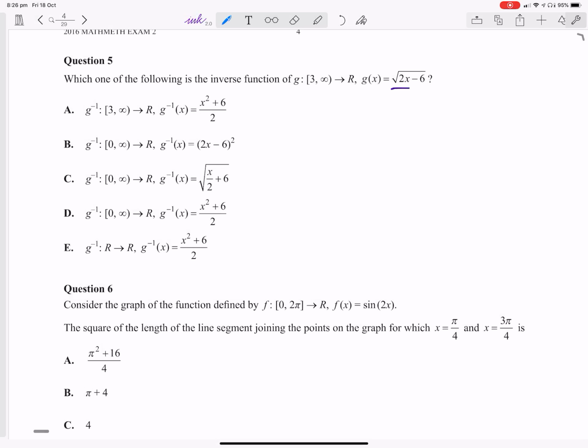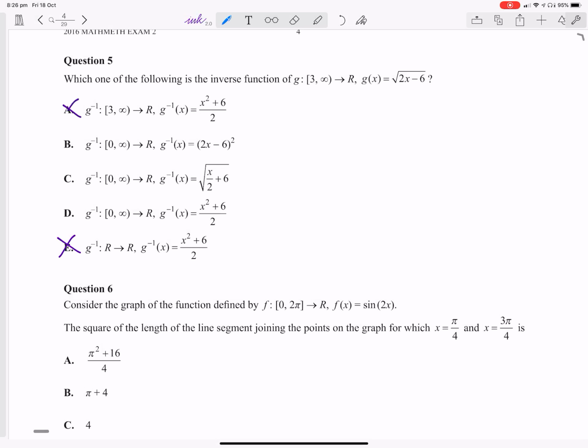Okay, which of the following is the inverse function of this? So we've got the domain. If I put 3 into that, we're going to get the square root of 0, which is inclusive. If I put a large number into that, I'm going to get 2 times a really big number, minus 6, which is still quite large. Square root, it's still large again, so it's going to be from 0 to infinity.